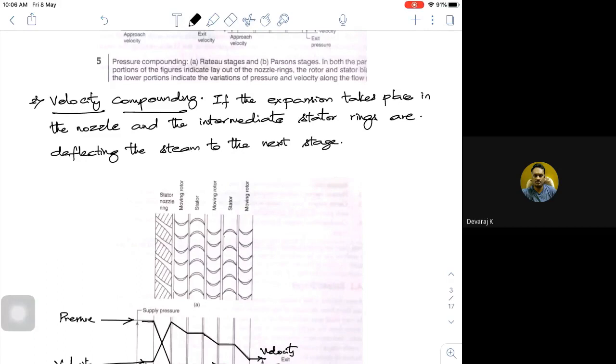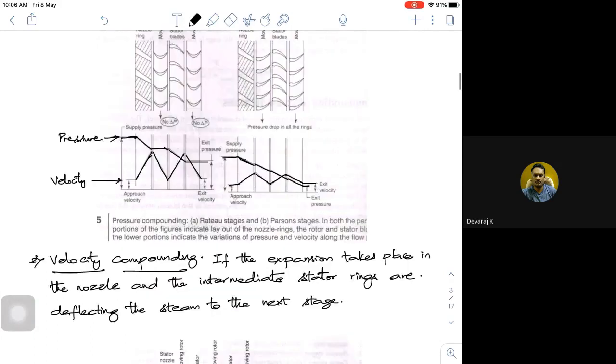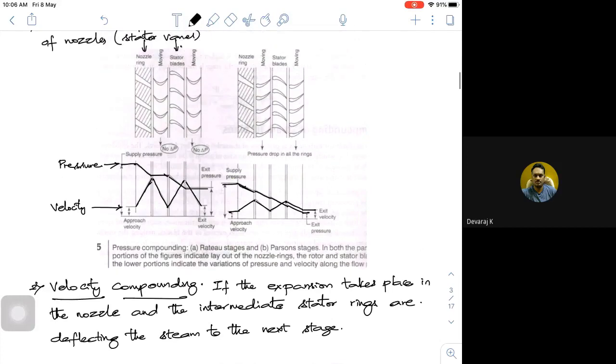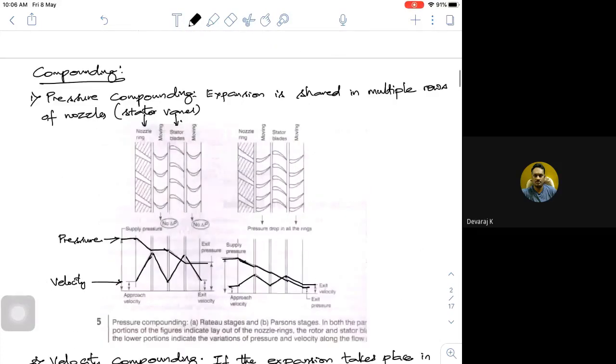If both pressure and velocity are combined together, say I have 4 stages, 2 high pressure stages and 2 low pressure stages. The first two stages, I'll be going for pressure compounding.